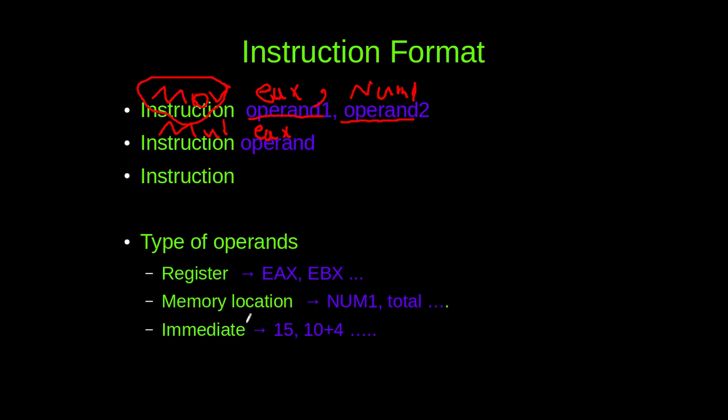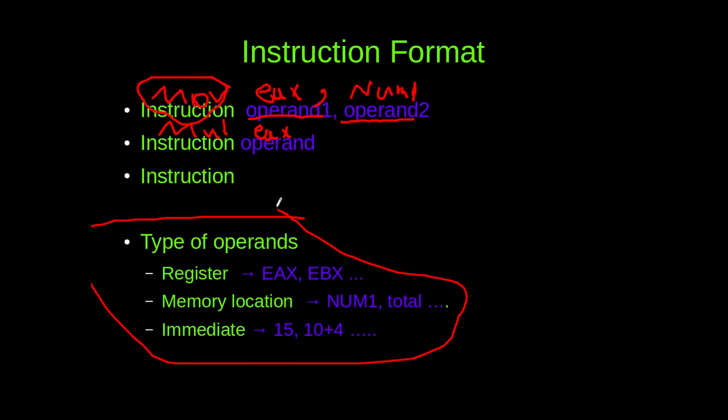Then we have immediate, or what we call constant values, which are 15, 10 plus 4. All those are constant values. So three types of operands: memory, register, and immediate.